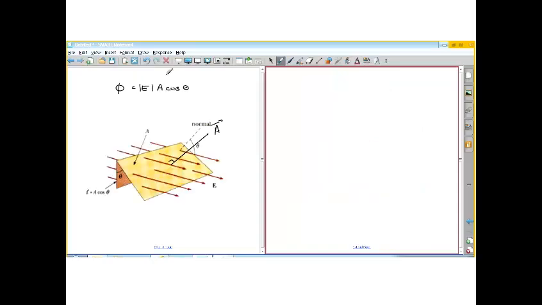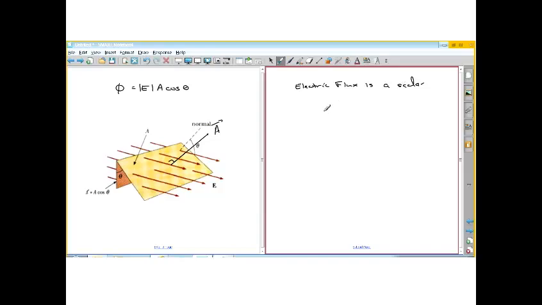Now, flux is a scalar. So electric field is a vector, but electric flux is a scalar. It's just a number.